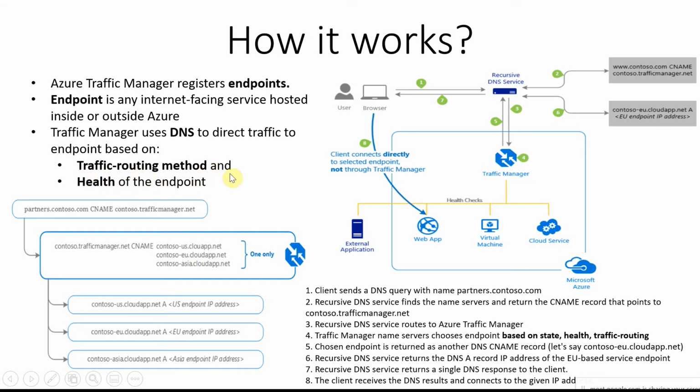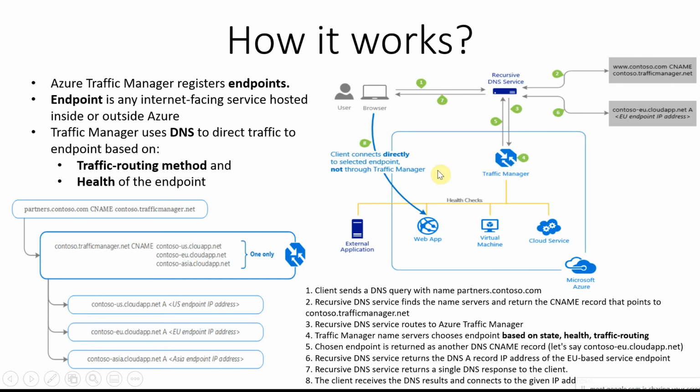So you should tell the routing method. Of course, it monitors the health on its own, so you don't need to tell that. You just need to give some health parameters, like how many milliseconds it has to monitor. But primary is this routing method. This is the core concept on which this traffic manager routes the traffic.